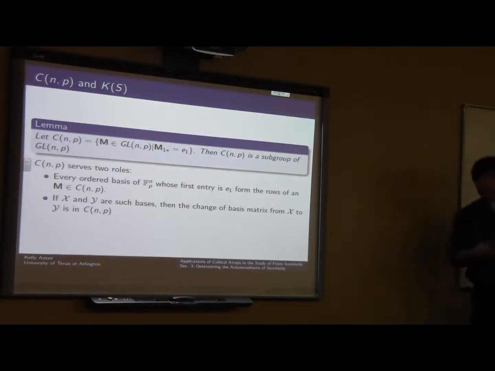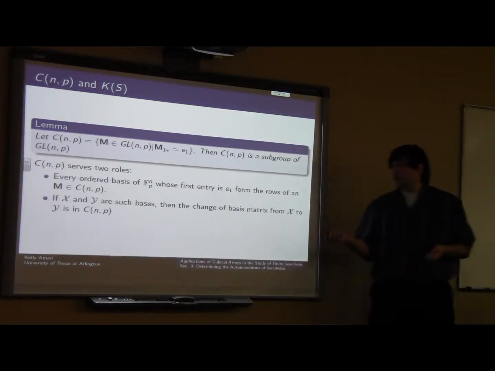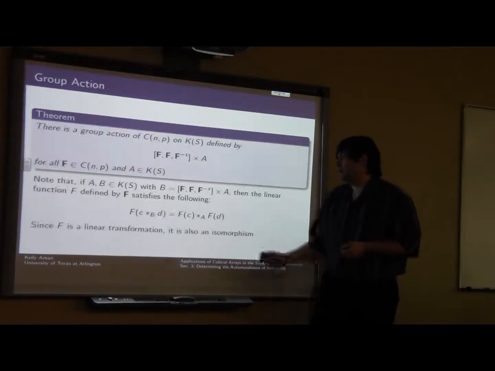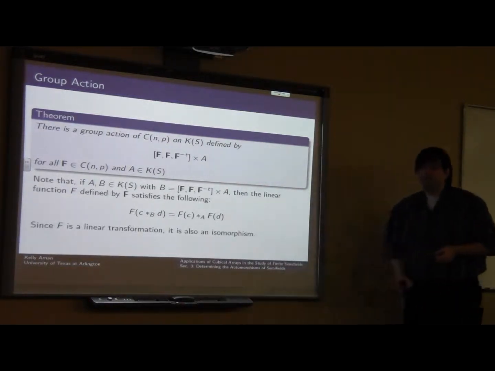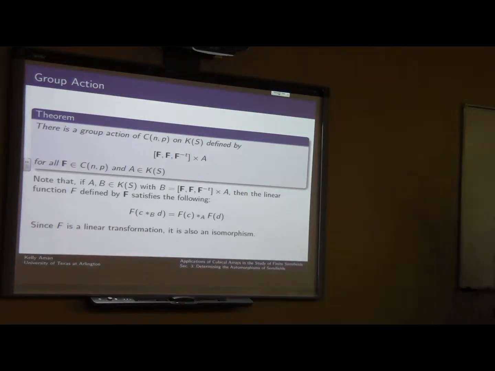So every basis is going to be contained in C_n(p) in matrix form, and furthermore, any two such bases where e1 is the first element, the change of basis between those two is also going to be in C_n(p). And so what this allows us to do is we can then say that there is a group action of C_n(p) on the set K_S. So for any A in K_S, for any F in C_n(p), using the triple product (F, F, F inverse transpose) times A is going to give us some other cubical array in K_S.